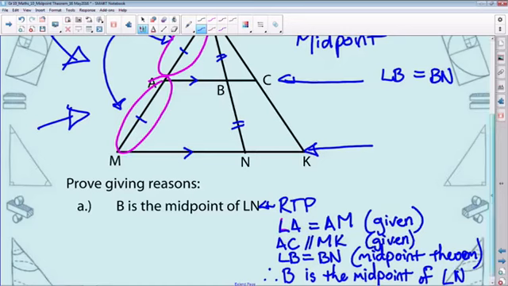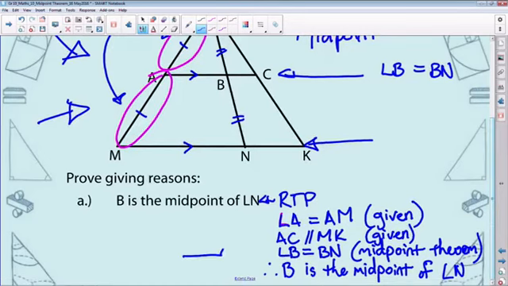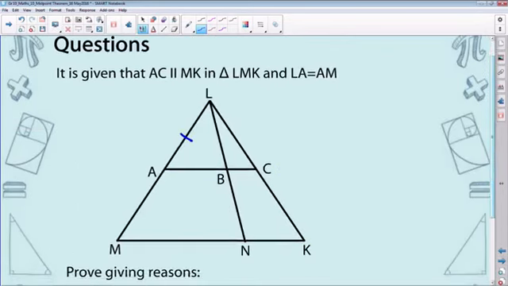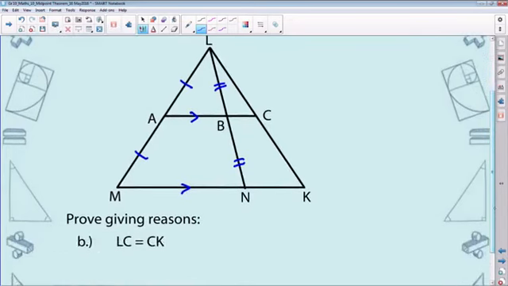So that means the midpoint theorem does apply, which means that B is the midpoint of LN. Not bad at all. So we know that those two sides are equal, those two lines are parallel, and these two sides are equal to each other. Let's see what we need to do now.